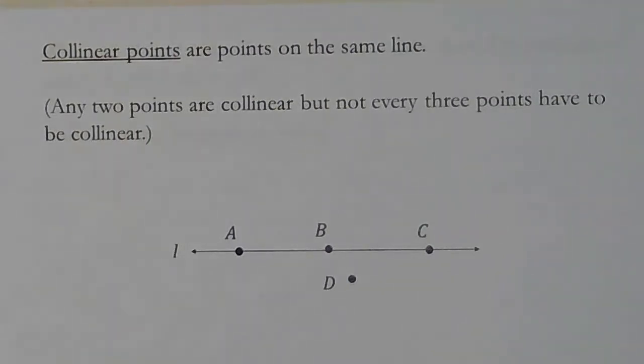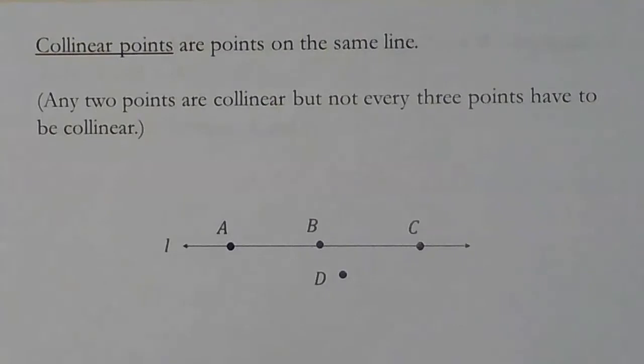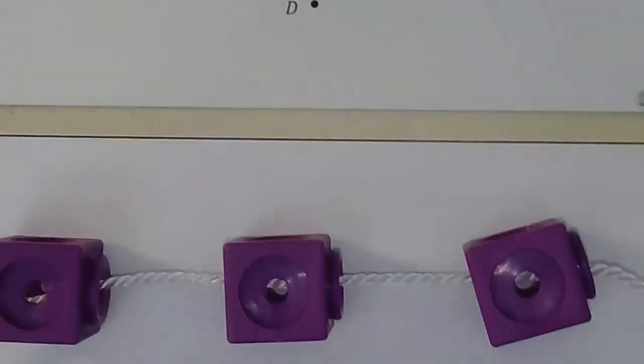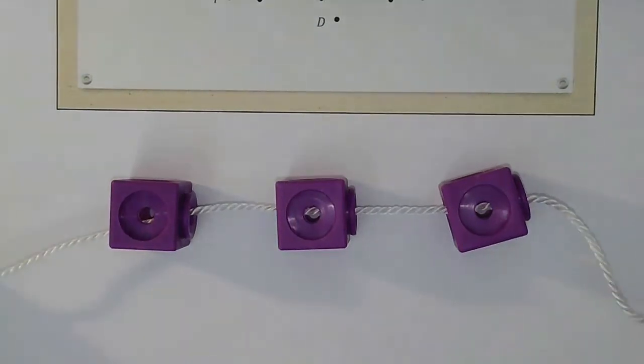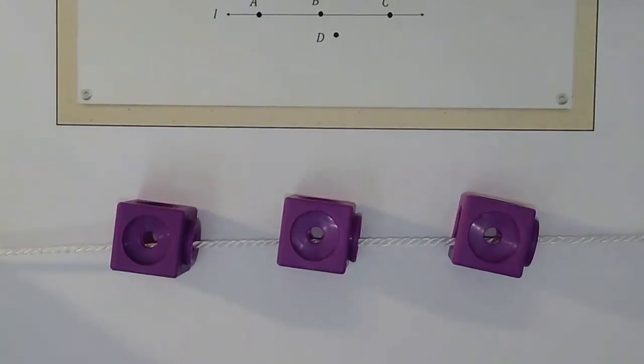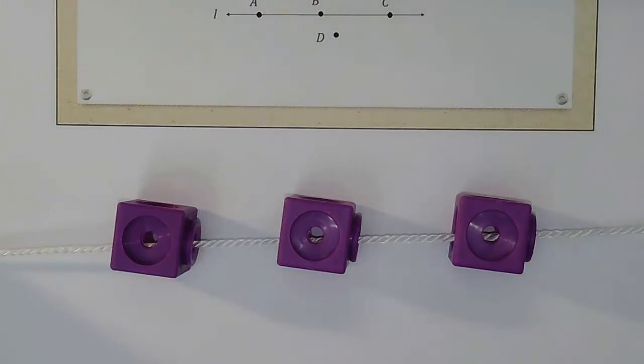Okay, so what collinear points would look like in a diagram, they would be like if I had these 3 points, my purple points. Notice I have a line that goes through them.